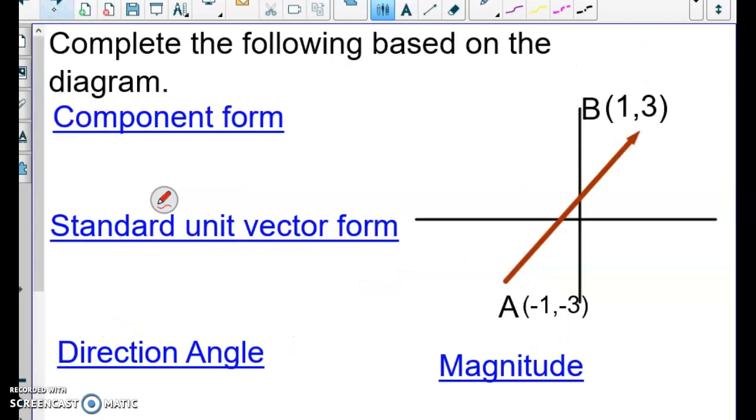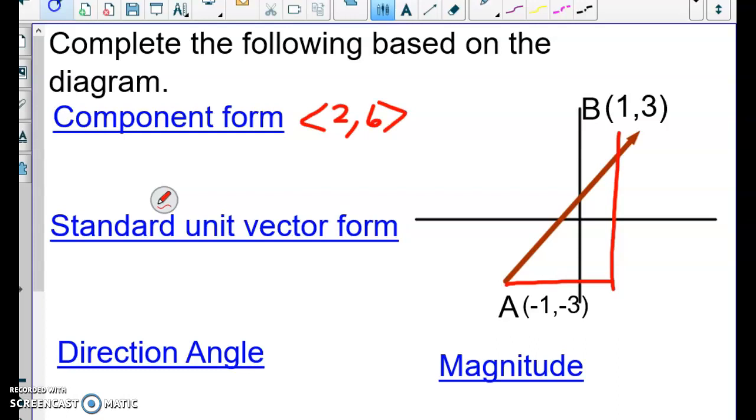So let's talk about this vector, and we're going to do the whole thing here. I know this is the x movement, this is the y movement, and so my component form is going to look like 2 in the x direction, 6 in the y direction, from -3 to +3.